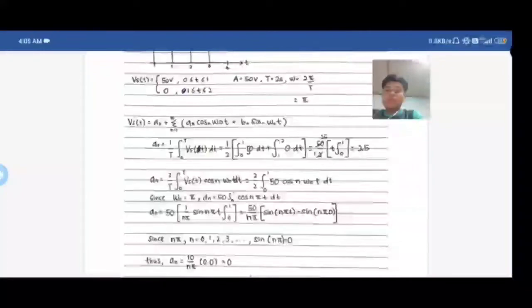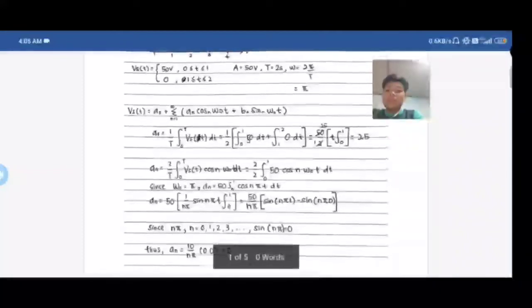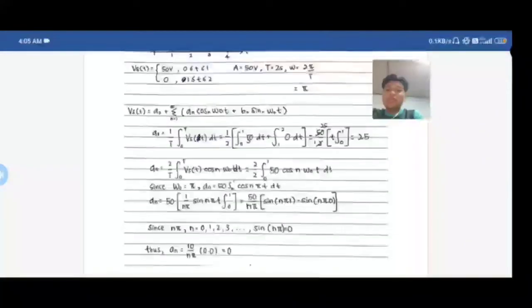So An, this is our formula that we use to calculate the voltage: An cos n omega naught time plus Bn sine n omega naught time.